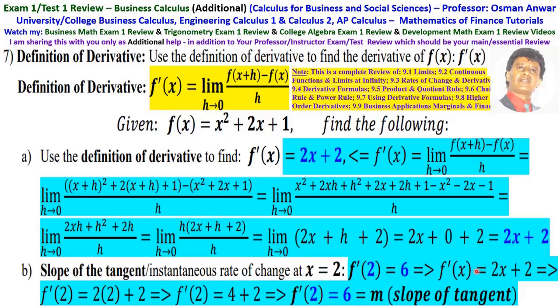So f prime of x equals 2x plus 2, that is f prime at 2 is 2 times 2 plus 2, which is 4 plus 2, which is equal to 6. So that is the slope, that is the instantaneous rate of change. That's the slope of the tangent.